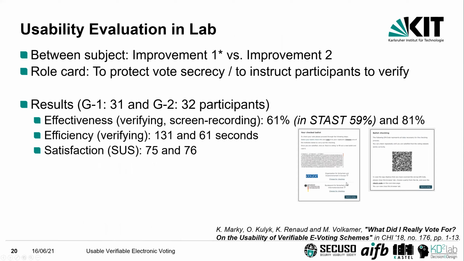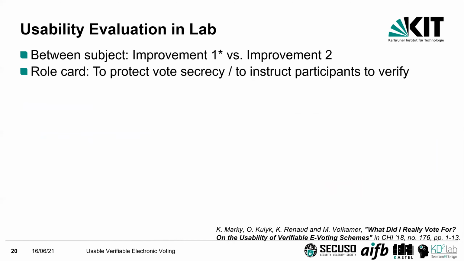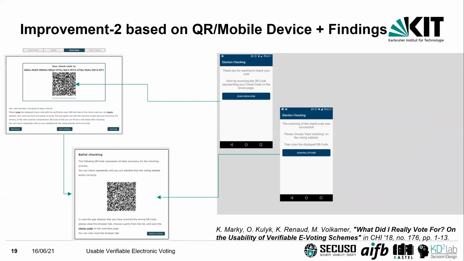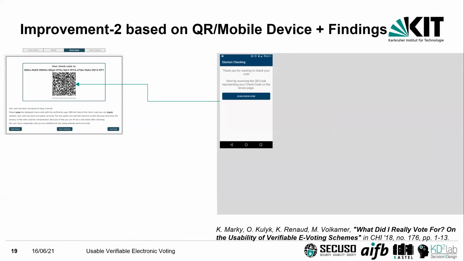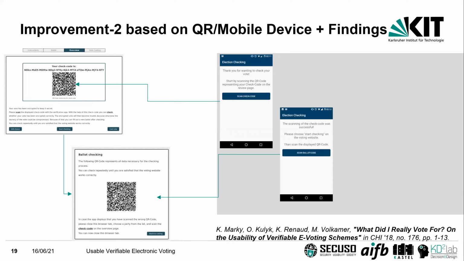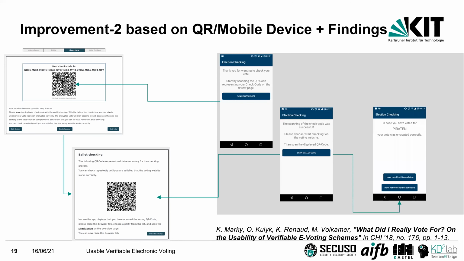So that's why we think more people went back to voting compared to the one on the right side, where they saw the second QR code. Let me go once more back. Actually, if you have clicked on scan check code, you immediately went on your screen to the second screen on your app, which already told you scan ballot code. So there were two hints that you should do something more.